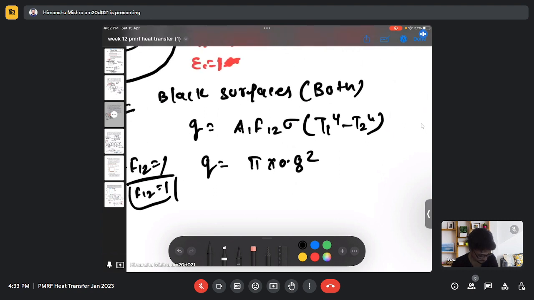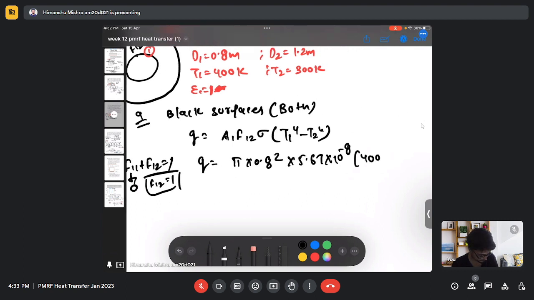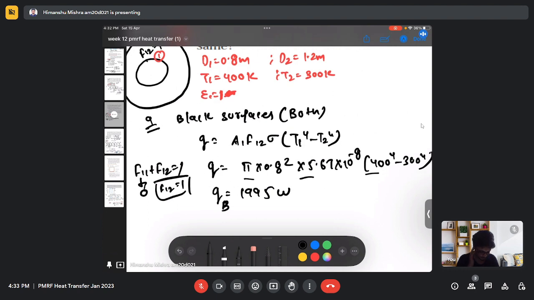This is the surface area of sphere 1. For the black body, solving this, my heat transfer will be 1995 watt. So this is my heat transfer when both surfaces are black.